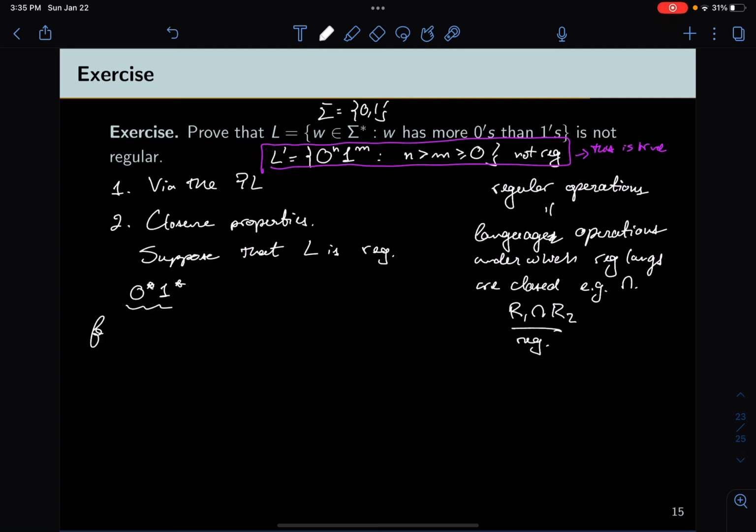This forces zeros to be followed by ones. More specifically, it forces the pattern where you have zeros, then ones, and that's the end of your string. So we take the language denoted by this regular expression and intersect it with L.